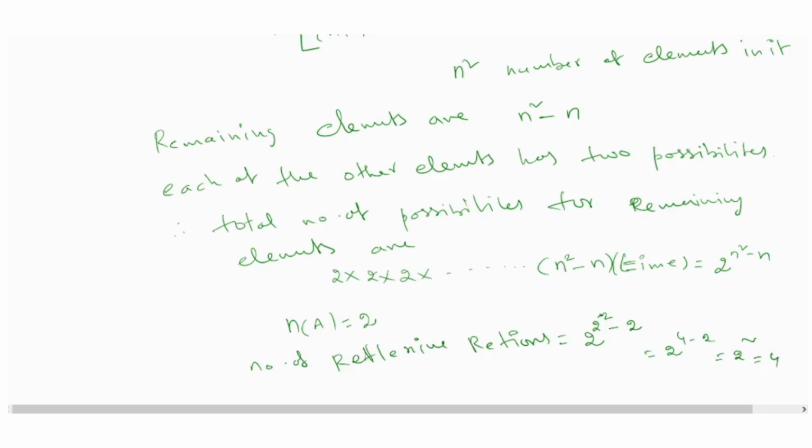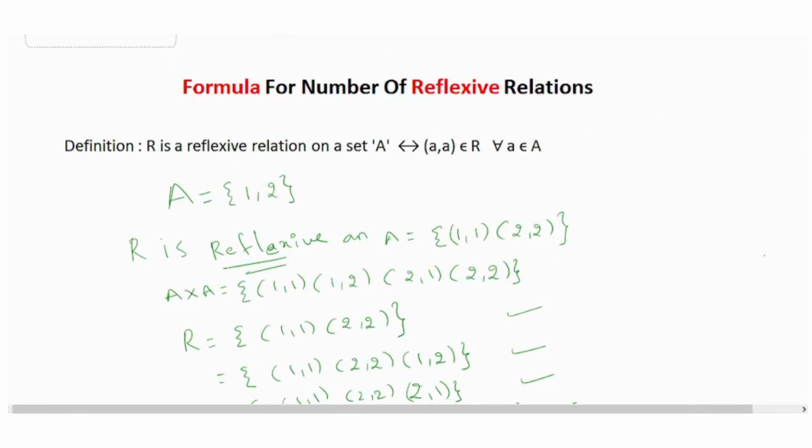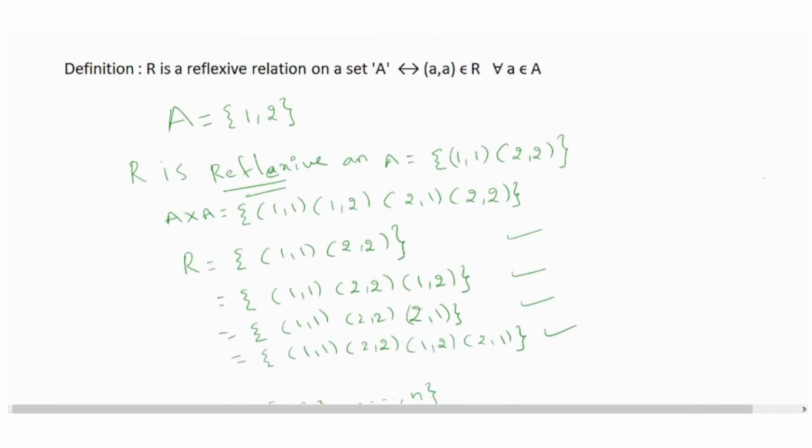How many did we get? 4. Correct or not? We can count. We already wrote it at first. Here 4 ticks are drawn, so it is 1, 2, 3, 4. Like this we can count.